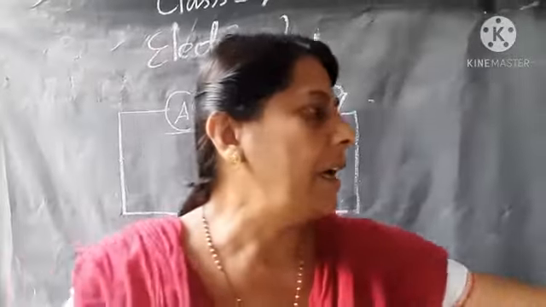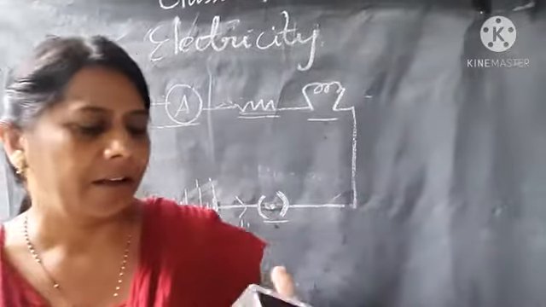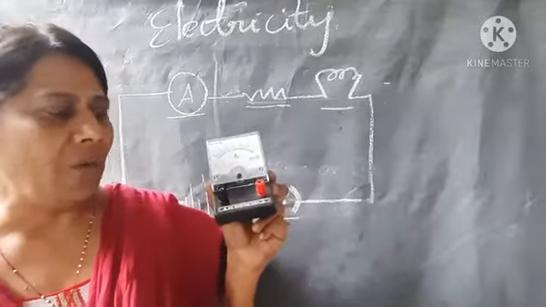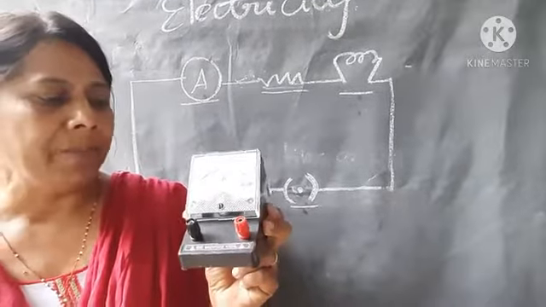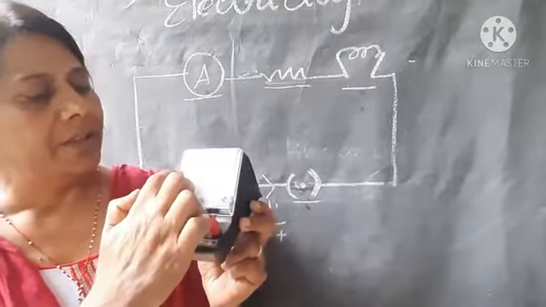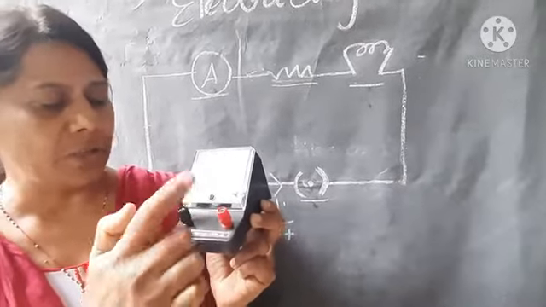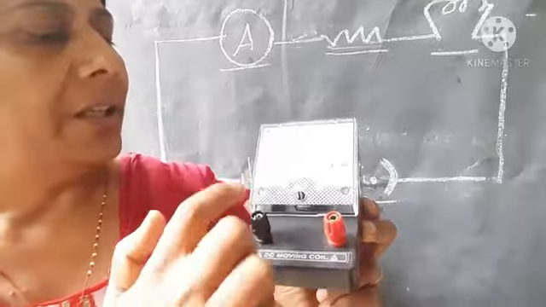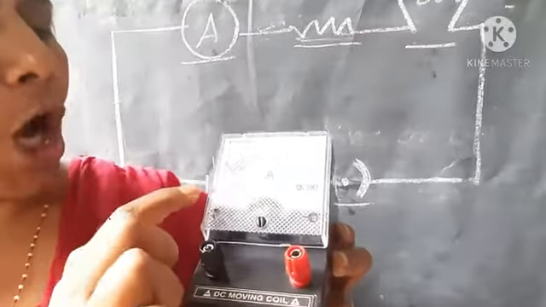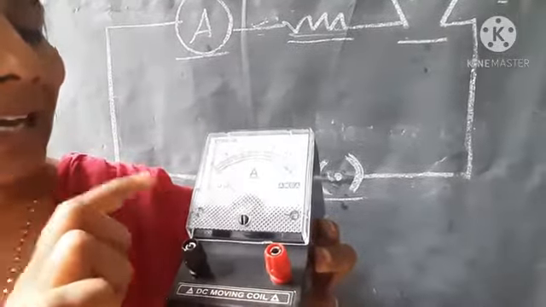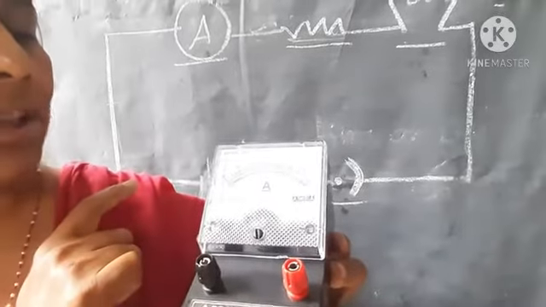Here once, I am showing the ammeter what we use in our lab. Here there is a needle, and when wires are connected to the circuit, it will move and show how much amount of current is flowing through the circuit.